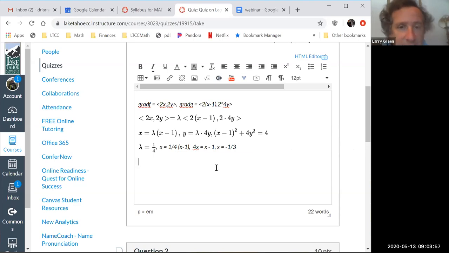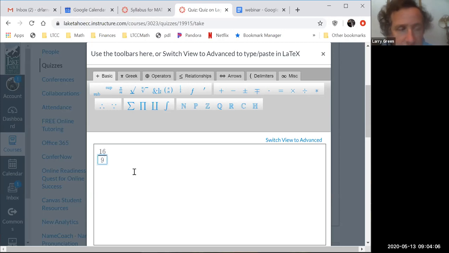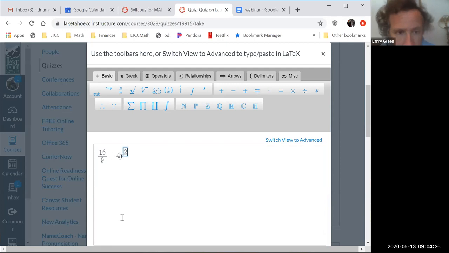So 16/9, in fact, I better write this out, and then we had plus 4y squared equal to 4.